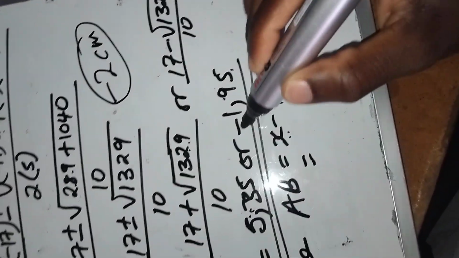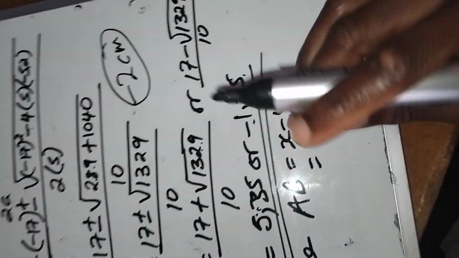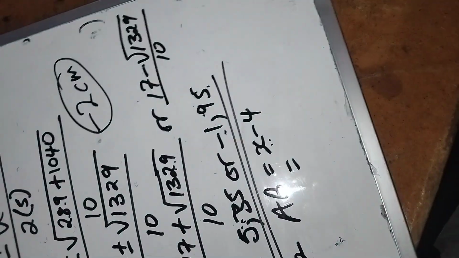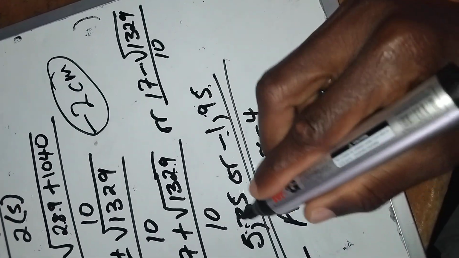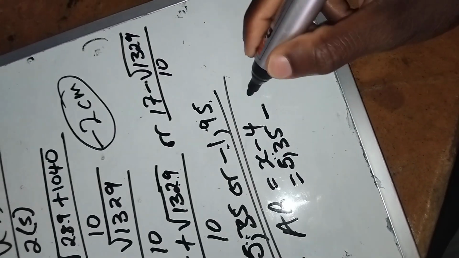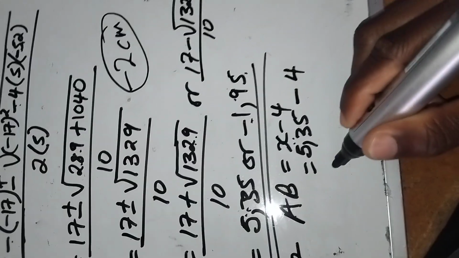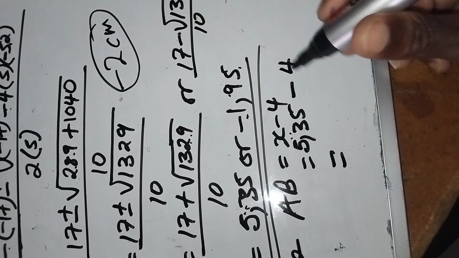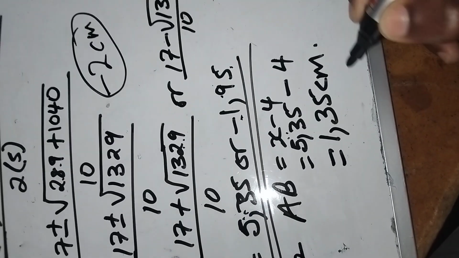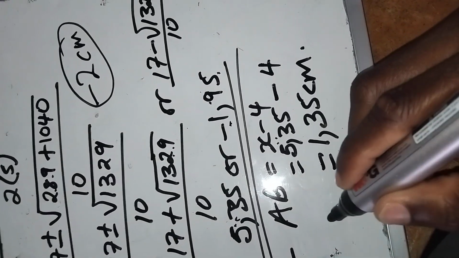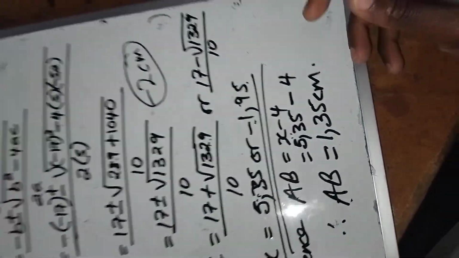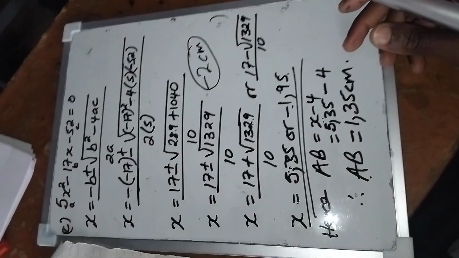That's why we reject the negative 1.95. So let's take the positive x value, 5.35 minus 4, which gives 1.35 cm. Therefore AB is 1.35 cm.